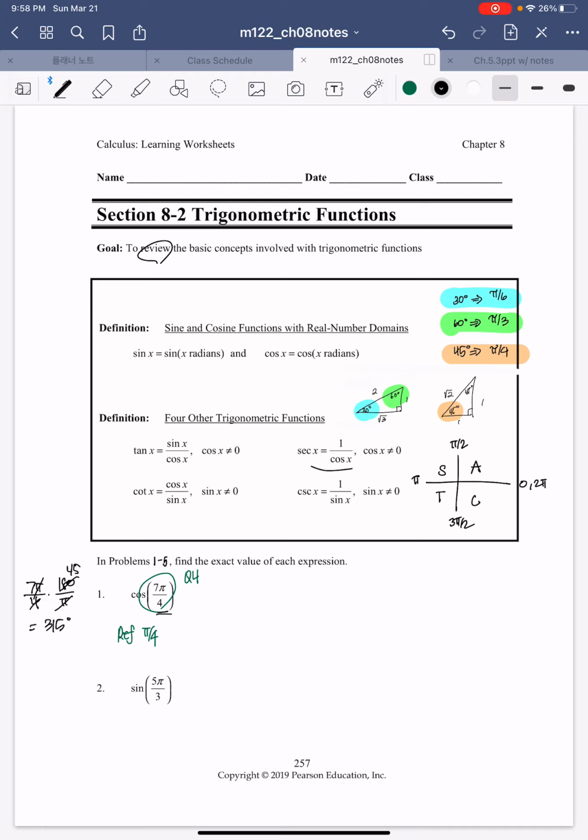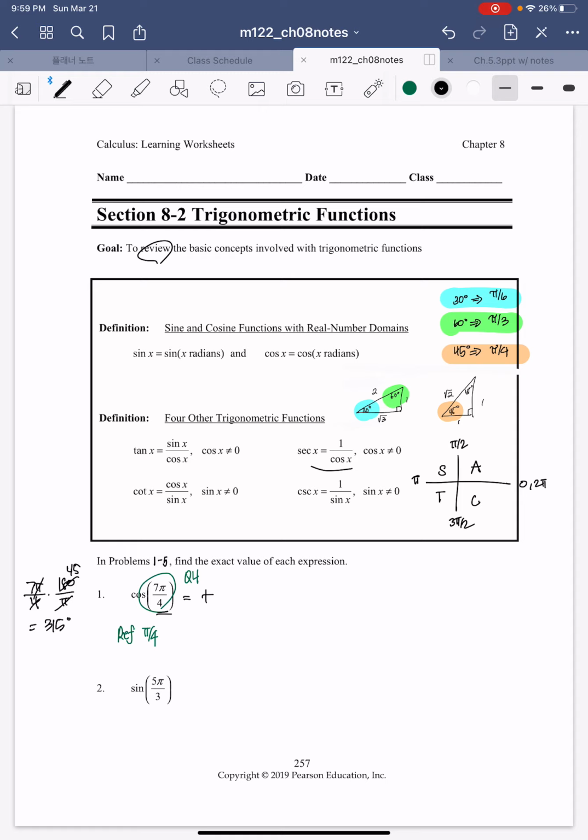Indeed, it's in the fourth quadrant. 315 is somewhere here, so I'm going to end up with a positive answer. These are things I like to write down on the side, so I know my final answer will be positive, and my reference triangle will be 45 degrees.